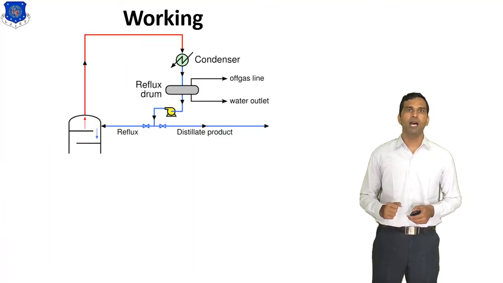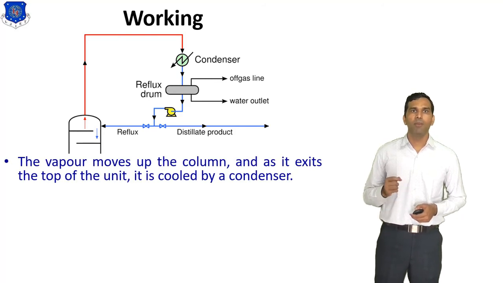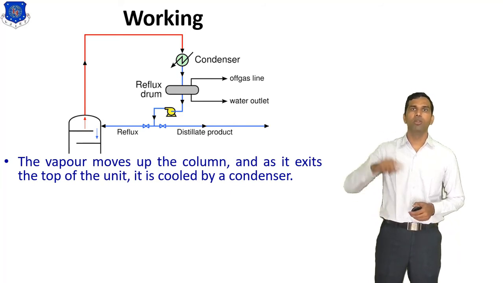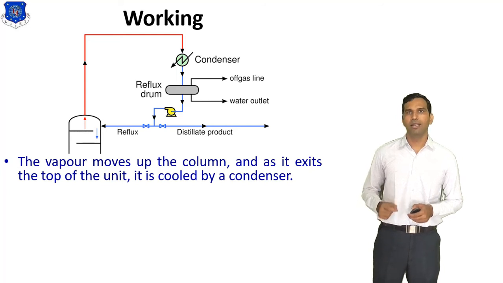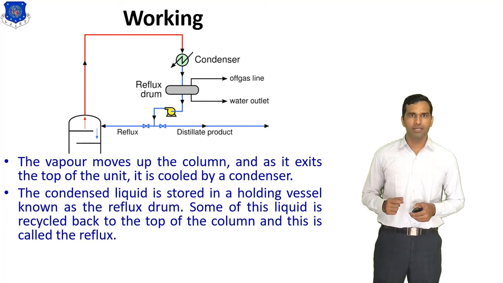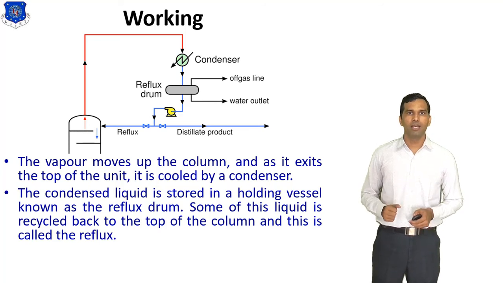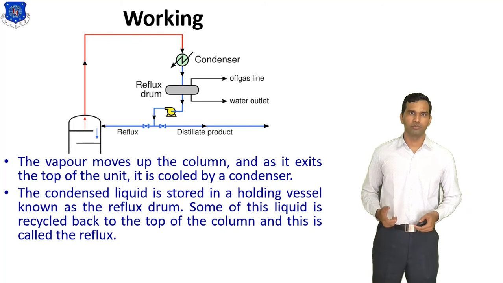Now we discuss the top product, that is the overhead product. The vapor moves up the column and exits the top of the unit. It is cooled by the condenser. The condensate liquid is stored in a holding vessel known as the reflux drum, or accumulator.